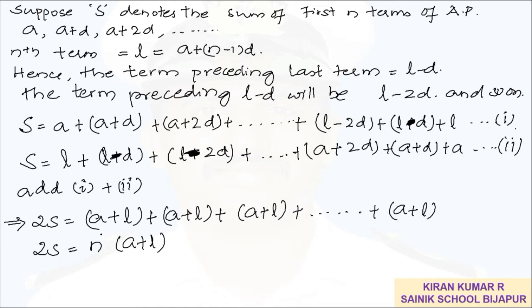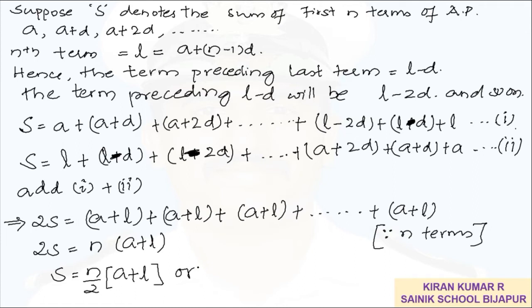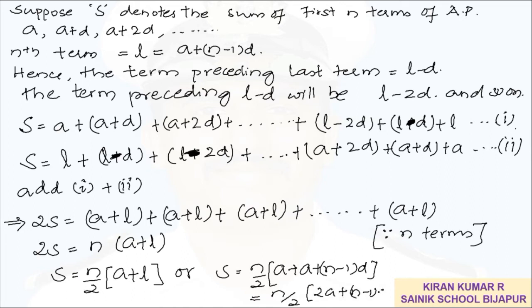In the same way, since there are n terms, I get S as n by 2 times of a plus l, or S as n by 2 times of, for this last term, I'll write a plus n minus 1 into d. So n by 2 times of 2a plus n minus 1 into d.